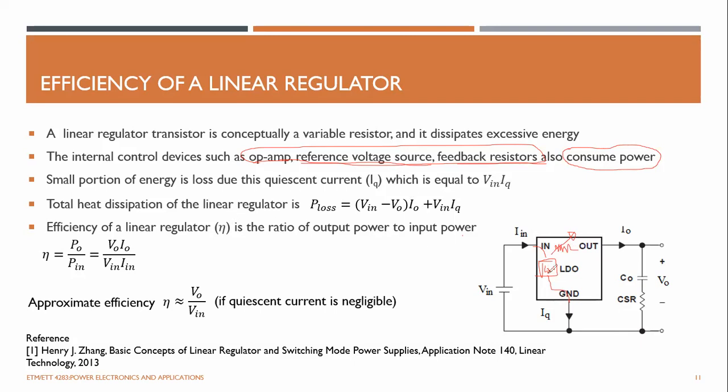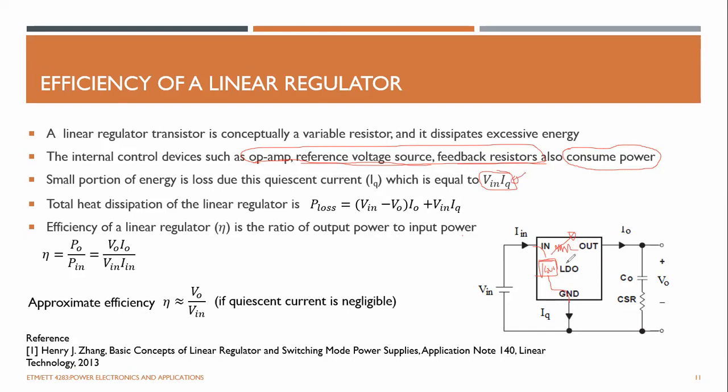The power loss due to this quiescent current is simply your supply voltage times your quiescent current. Typically, like in the previous examples of drones, portable devices, or consumer electronics, it is really essential to keep this quiescent current as low as possible.